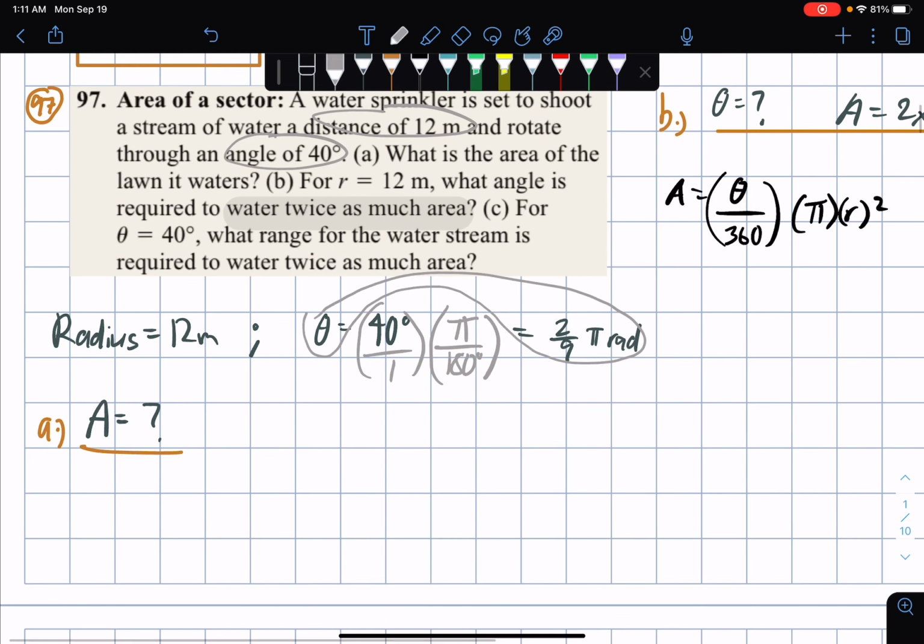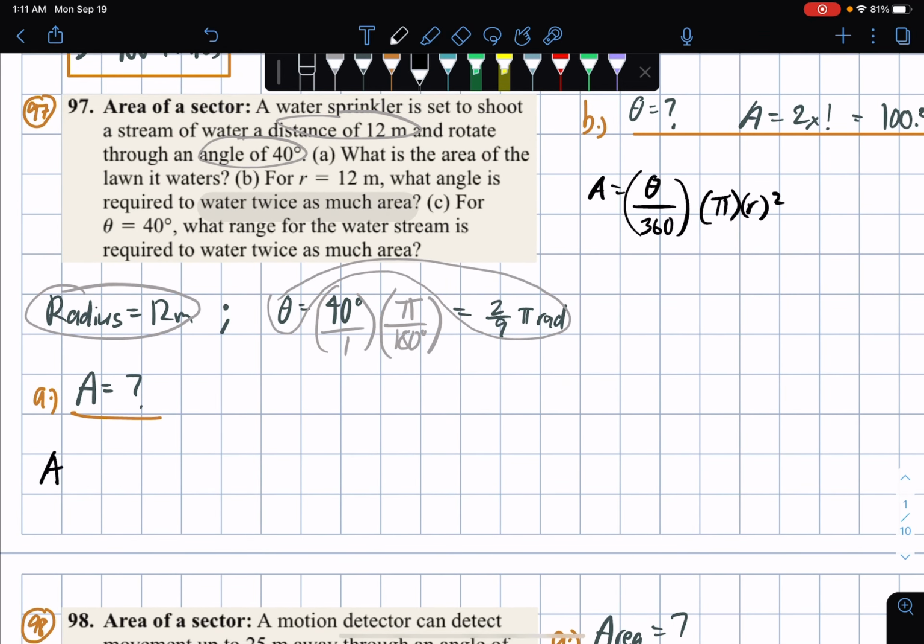Right, so we have the two values that we need in order to find the area of a sector. Our formula is A is equal to 1/2 times r raised to 2 times theta. So A is equal to 1/2 times 12 raised to 2 times theta, which is 2 over 9 pi.